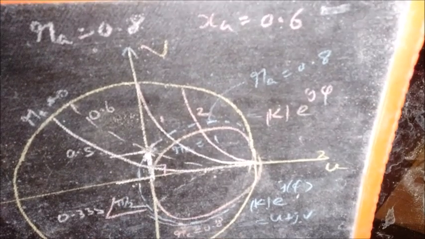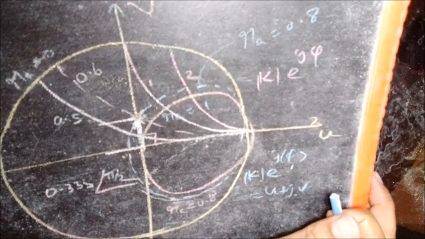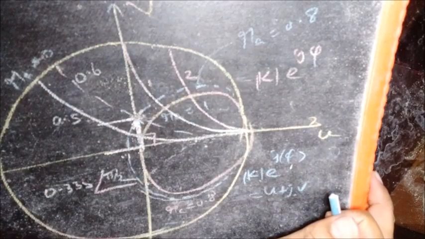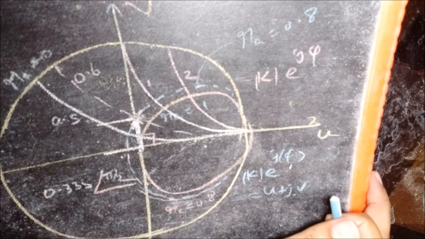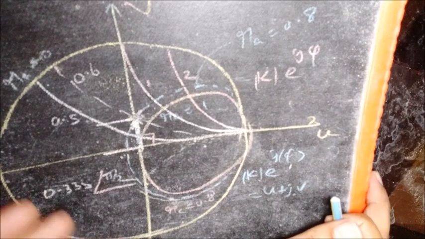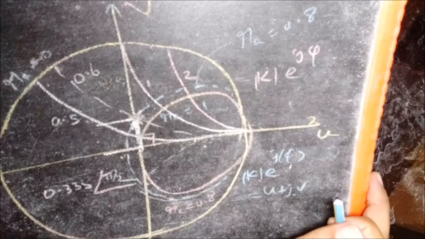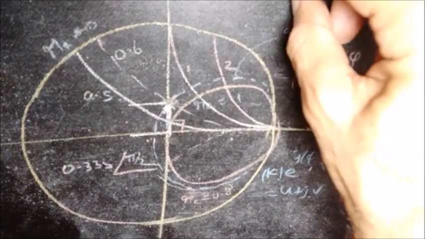So you can see how we could find the reflection coefficient from the Smith chart just by a simple calculation of the normalized impedance and then locating that normalized impedance properly on the Smith chart, identifying the corresponding u and v coordinates and putting them together to get the reflection coefficient. So this is how we use the Smith chart in finding out the reflection coefficient.